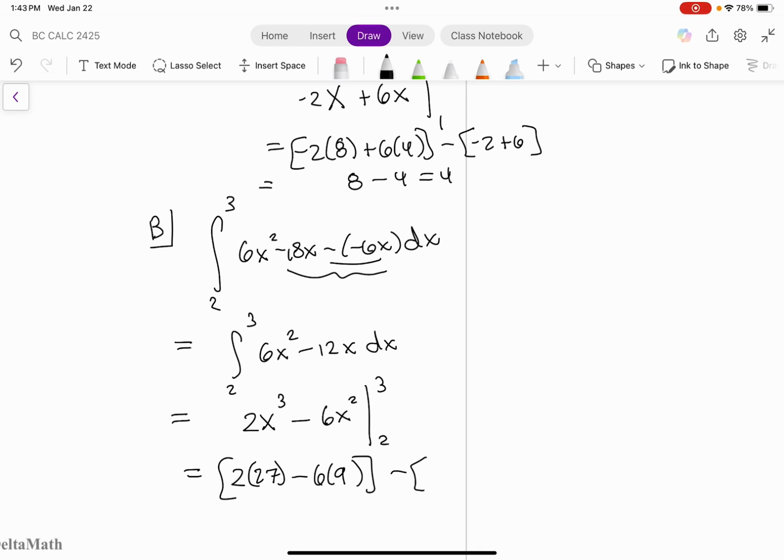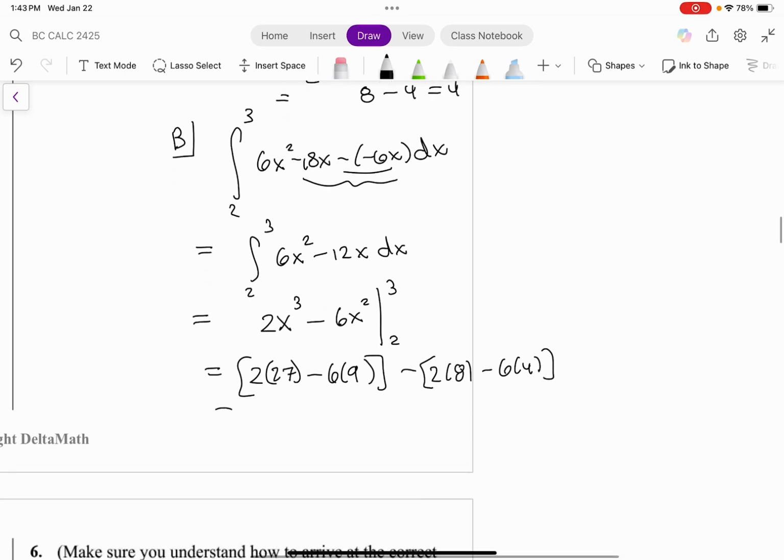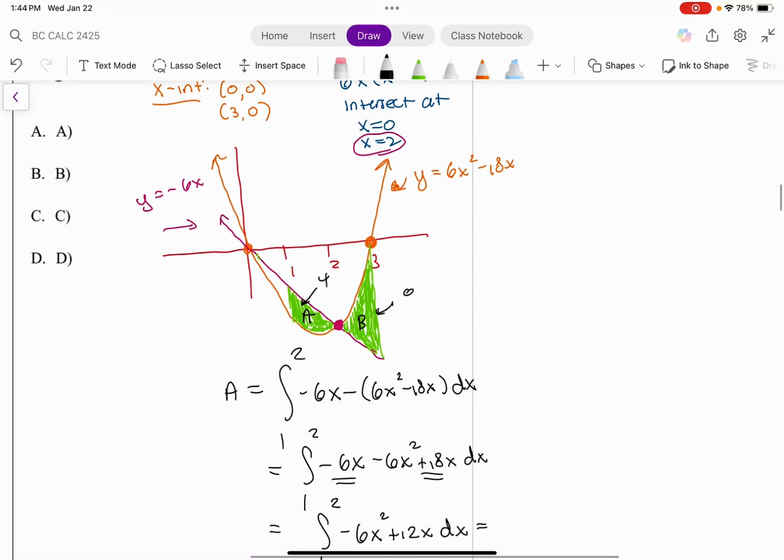And then we plug in 2, so that's 2 times 8 minus 6 times 4. So this is 54 minus 54, which is 0, and this is 16 minus 24, which is negative 8. So in the end, all this becomes plus 8. So B is 8, so that area is 8.